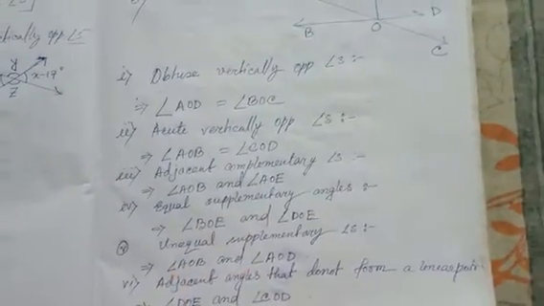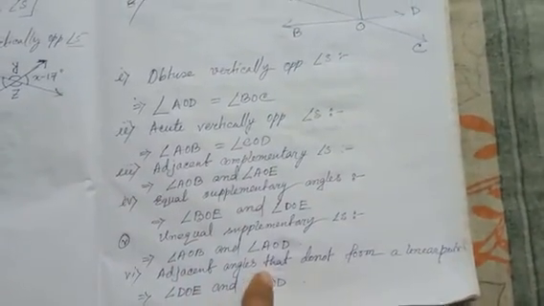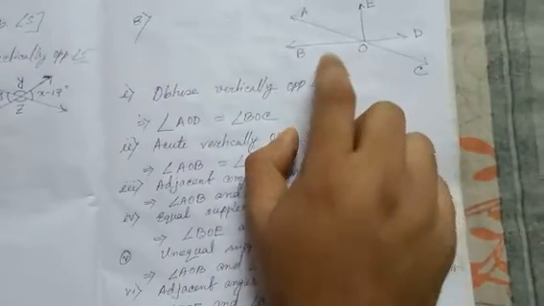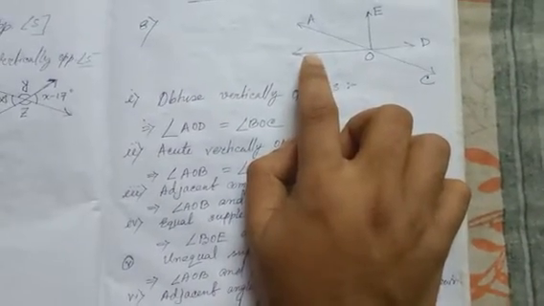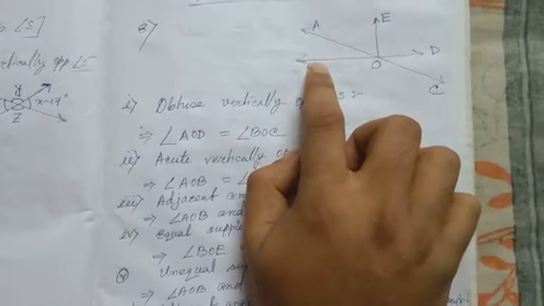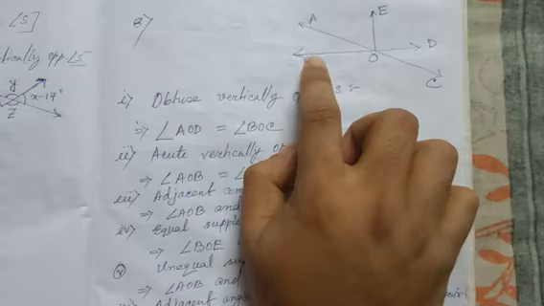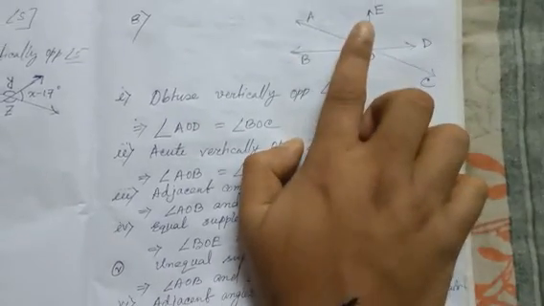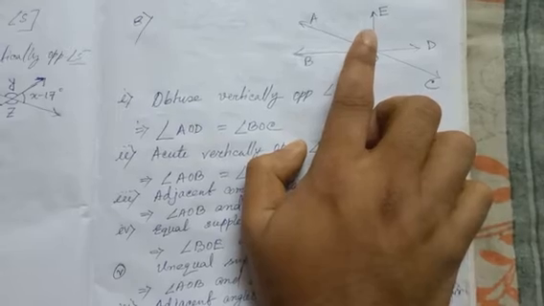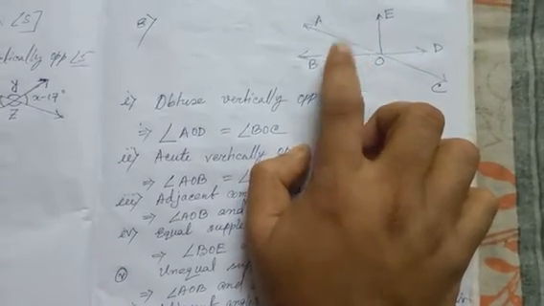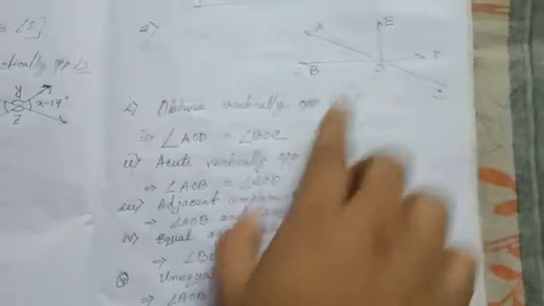So here, adjacent angles that do not form a linear pair. For adjacent angles the sum will not be 180 degrees; for a linear pair the sum will be 180 degrees. So here it is not equal to 180. So angle AOB and angle AOE, the sum is not 180, so it will not be a linear pair.